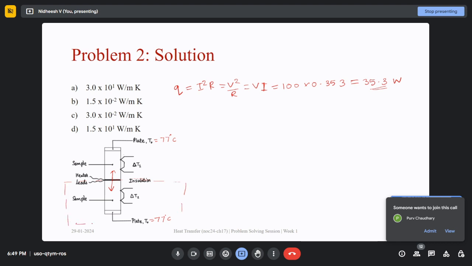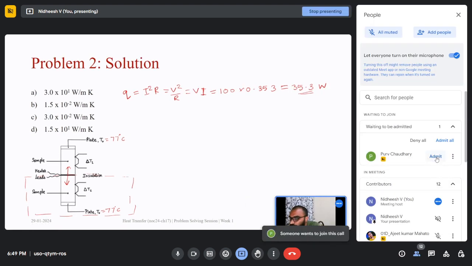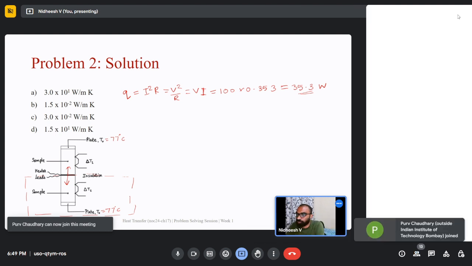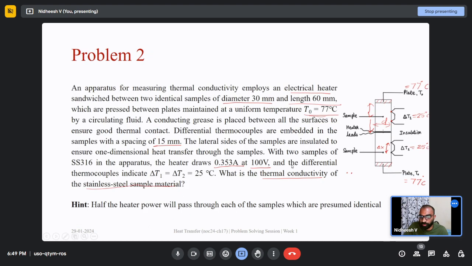Let me admit someone who wants to join. Okay, so we can simplify this problem considering only the half portion. Is that part clear for everyone? That is what the hint was saying earlier. You saw the hint, right?